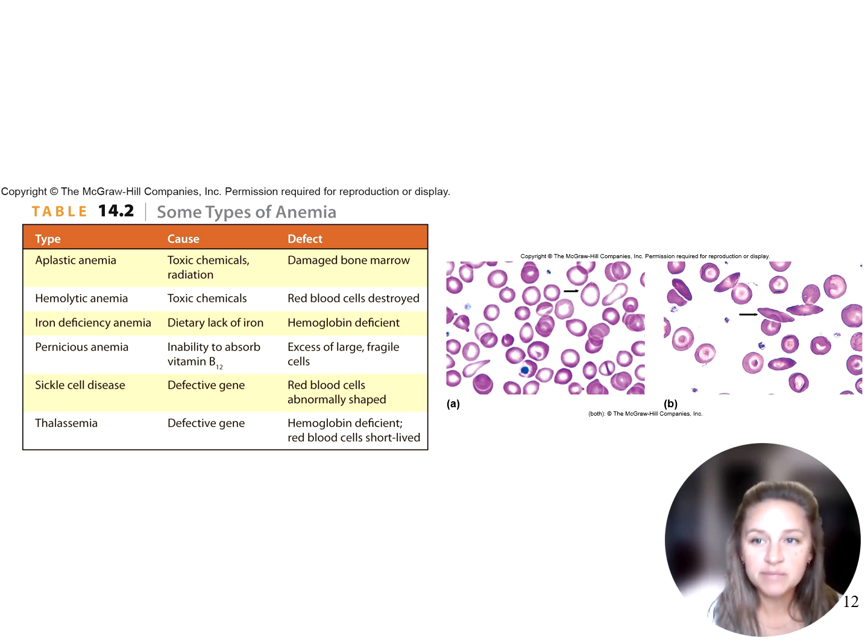Okay, so anemia, this is when there's low oxygen from lack of red blood cells, either low red blood cells being produced or the red blood cells are damaged and not able to transport oxygen as efficiently. So I'll let you pause here and look through this.